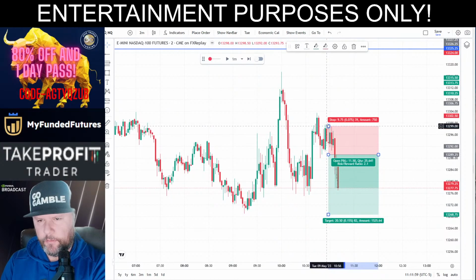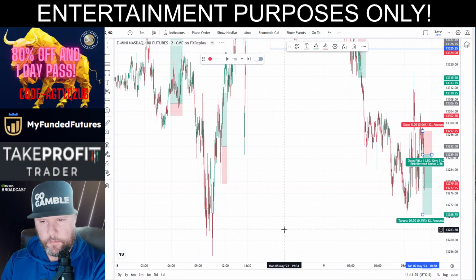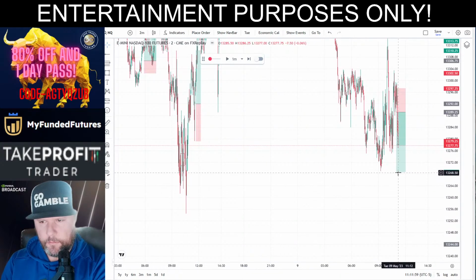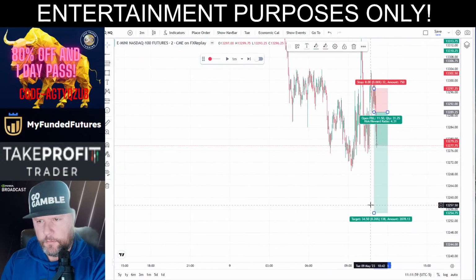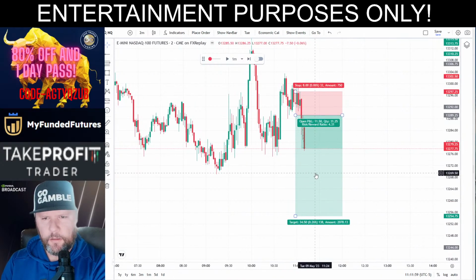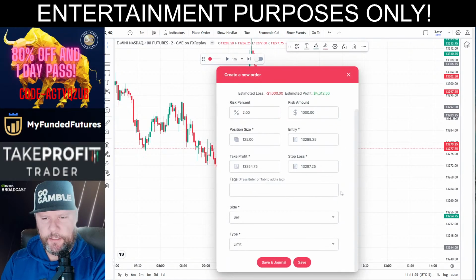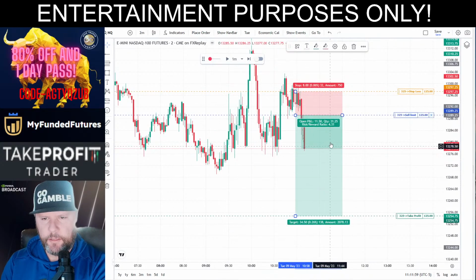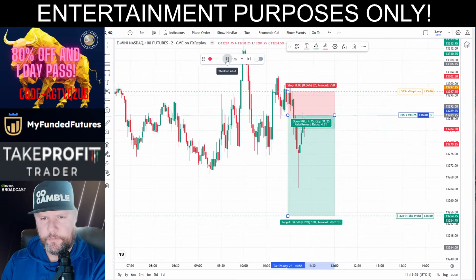Stop would kind of be right there. Target that wick down there. Decent risk to reward, so we'll take it. See what we get. Did I do a limit? I think I did. That's what we're supposed to do.